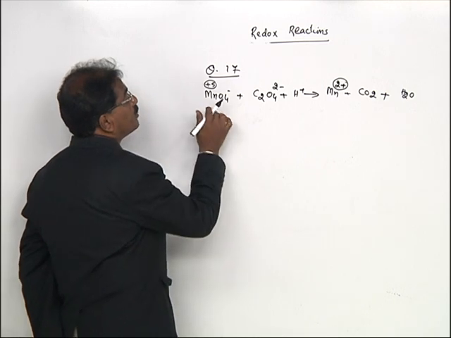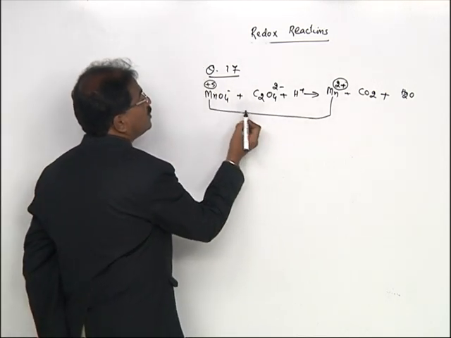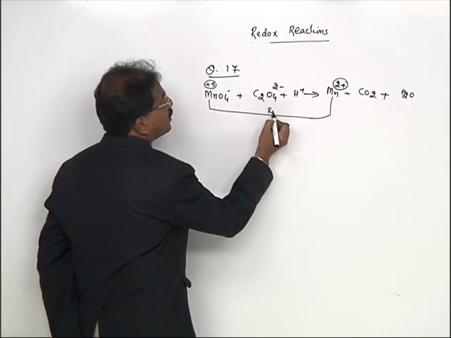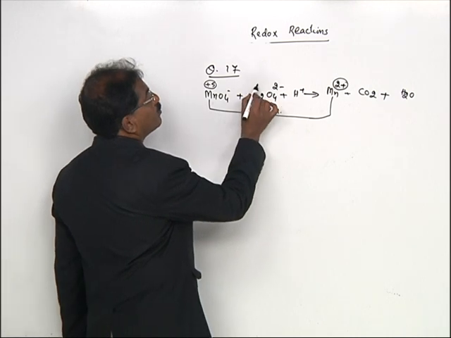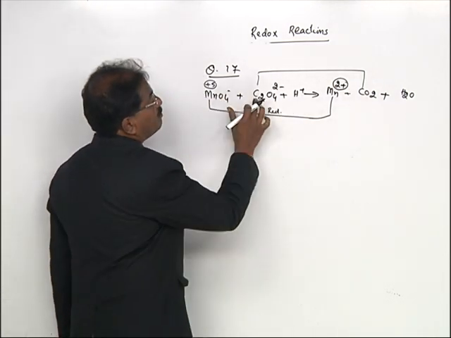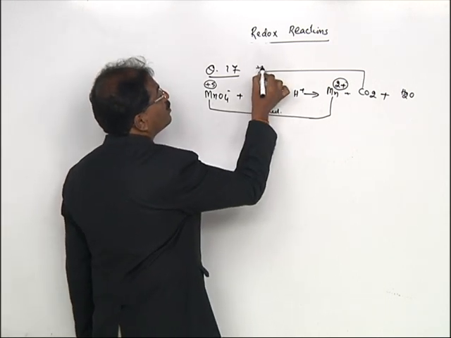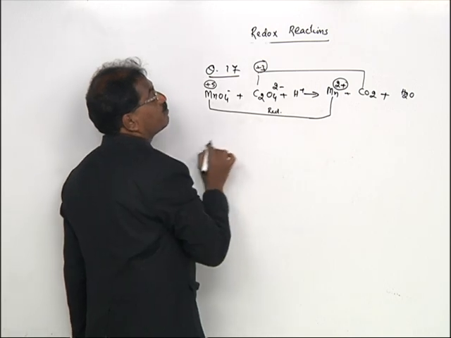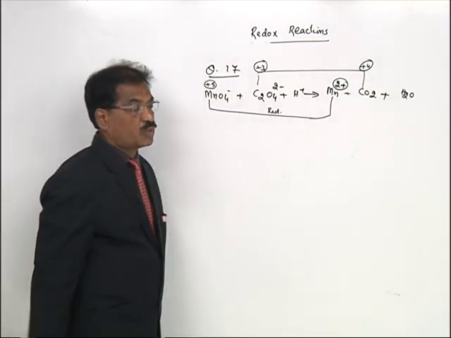Due to that change, we can say manganese is undergoing reduction. Similarly, identify the other atom whose oxidation state is changing. For carbon also there is a change. Before the reaction, the oxidation state of carbon is +3. After the reaction, it is +4.